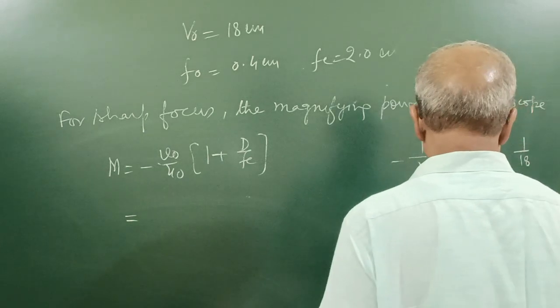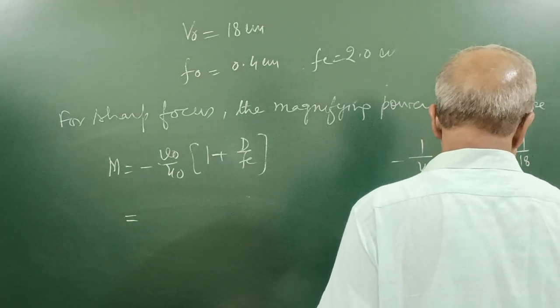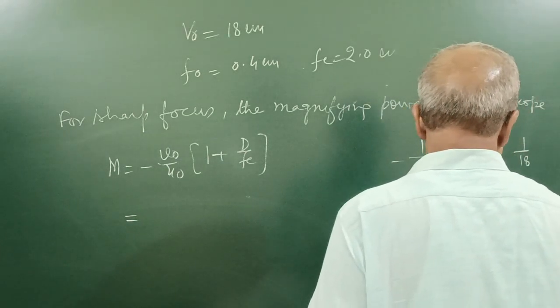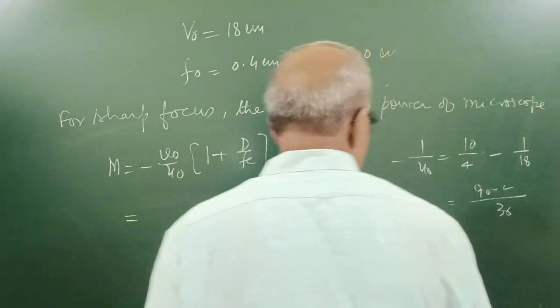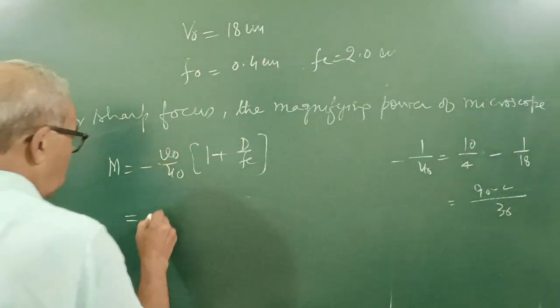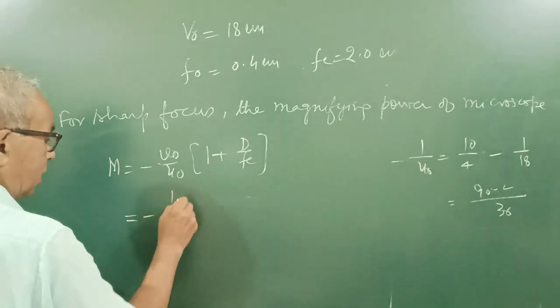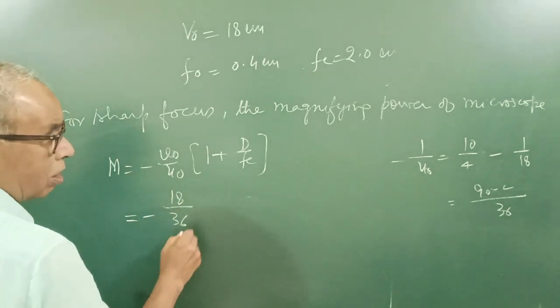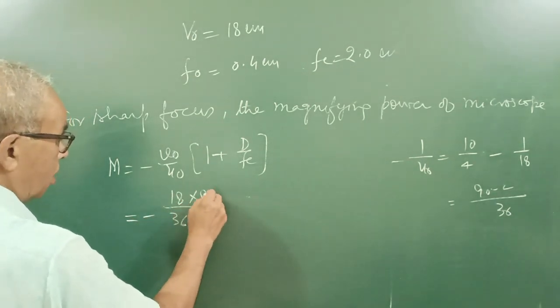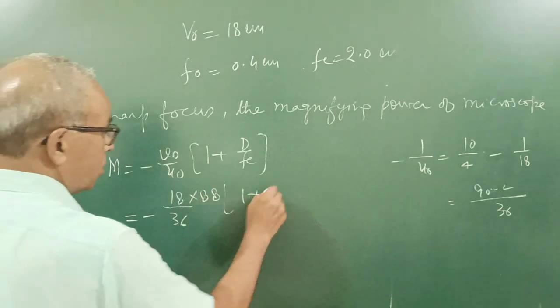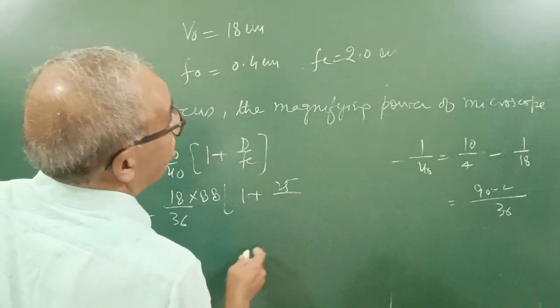So 36, 90 minus 88, 37 upon 88. So VO, then, is minus 18 upon 36 upon 88 and into 1 plus 25 upon 2.